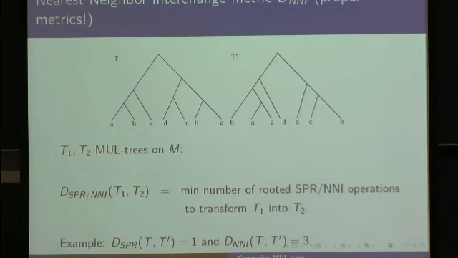And if I don't look at rooted SPR moves but NNI moves, then I would get the NNI distance between my two trees. So for this example, the SPR distance is 1 and the NNI distance is 3. Again, both these numbers we have seen already.